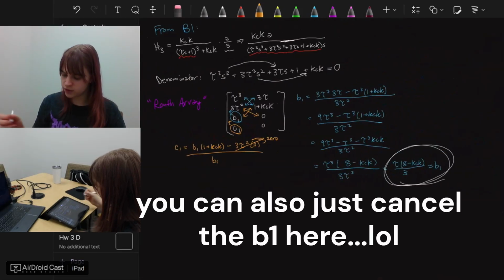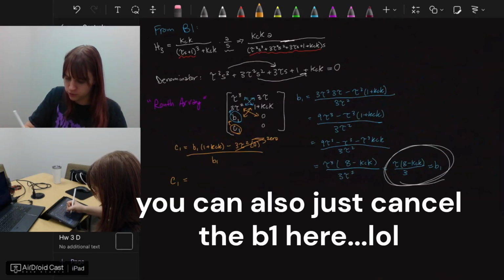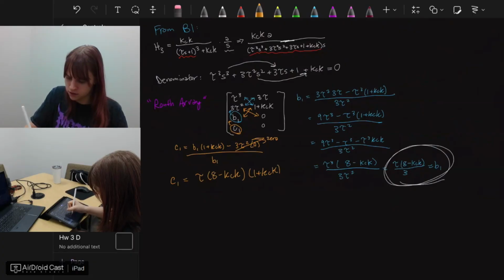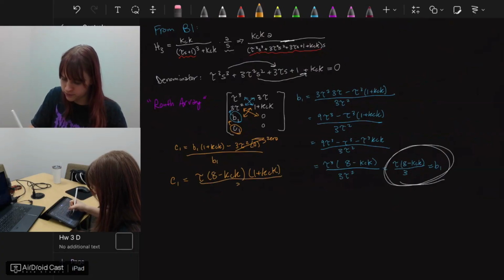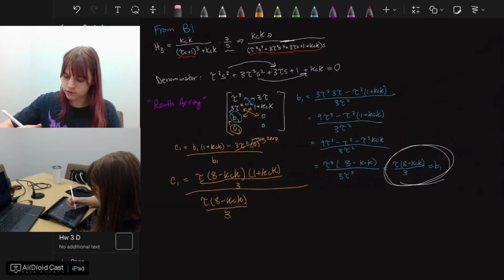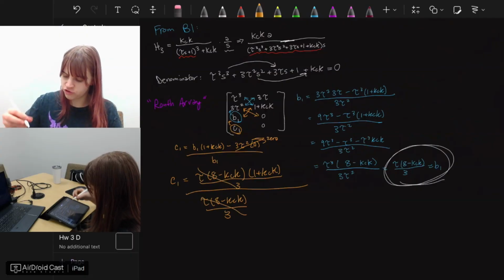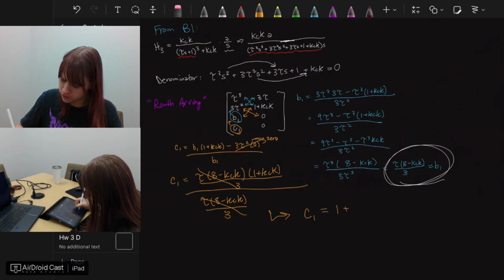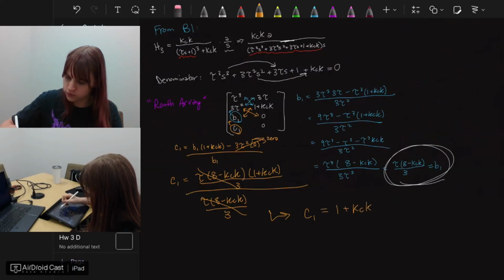Since we know what our B1 is, we can write out C1 is equal to tau times 8 minus KcK times 1 plus KcK divided by 3, and this is all over tau times 8 minus KcK over 3. As we can see, these are going to cancel each other, and then we're left with C1 equal to 1 plus KcK.